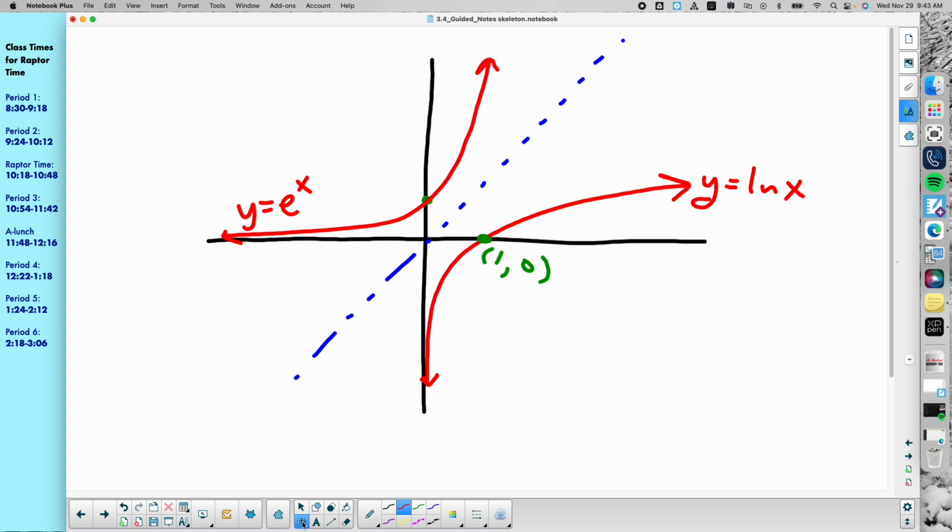What color have we used? Sure, purple. Only because we know derivatives do we know the slope. So the derivative of ln of x is 1 over x. So at x equals 1, the slope, that's a terrible example.